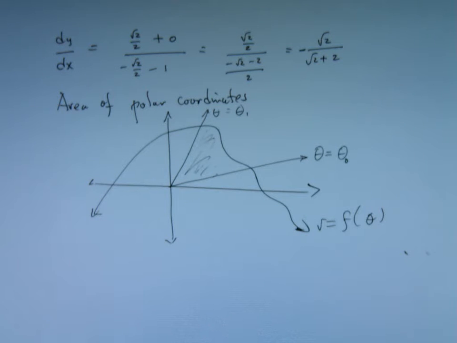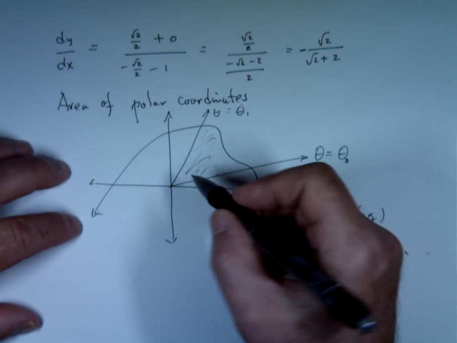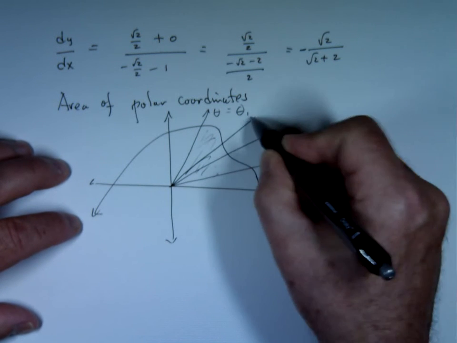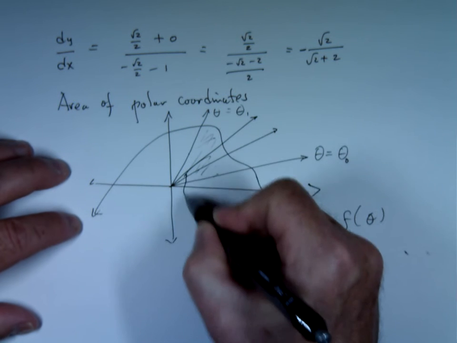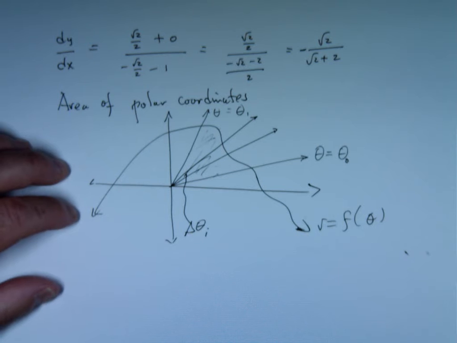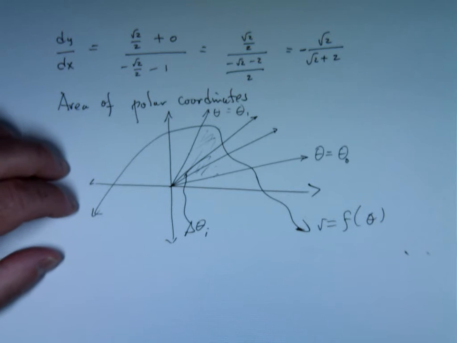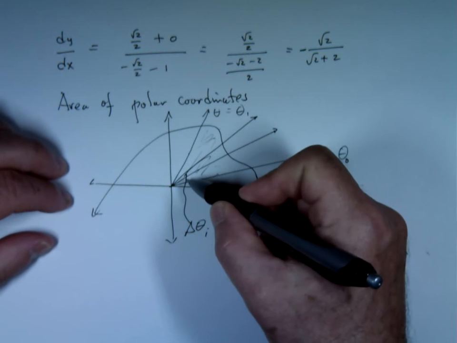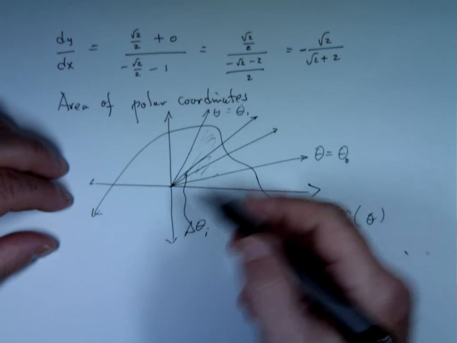Well, we're going to do the same thing here. We're going to divide this up into little pieces. Okay. These little pieces will be delta thetas. What we want to do is get an approximation for the area of the sector that's defined by this delta theta.